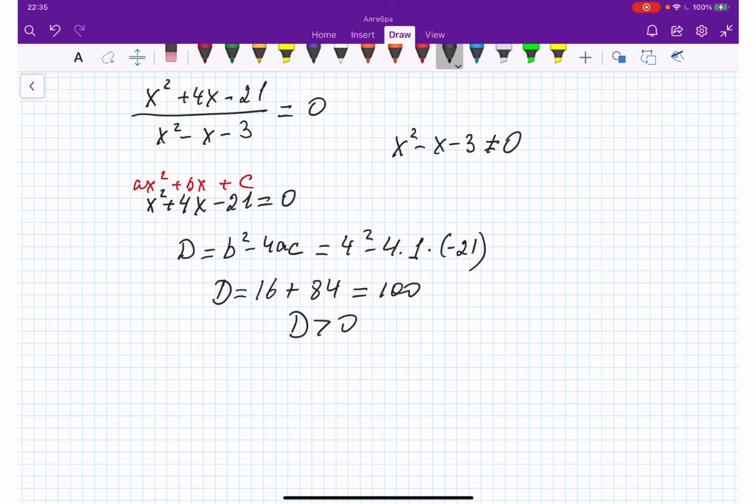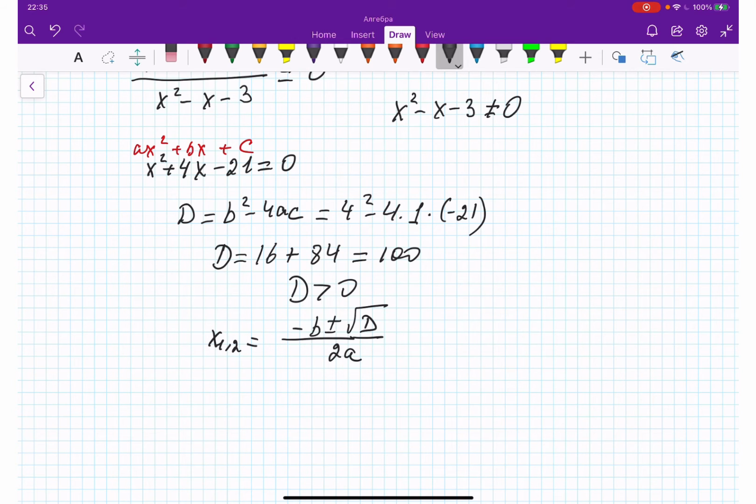If you solve based on the formula, x1,2 is equal to negative b plus minus square root of D over 2a, and we will get x1 equal to 3.